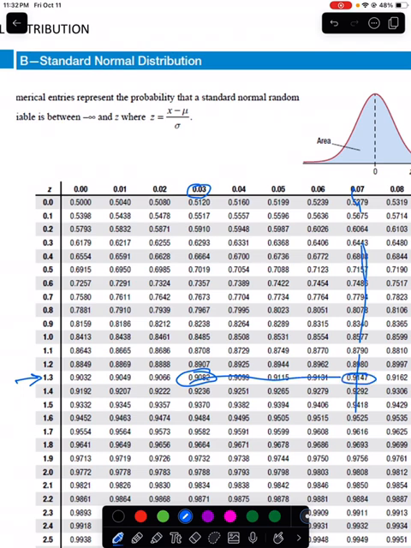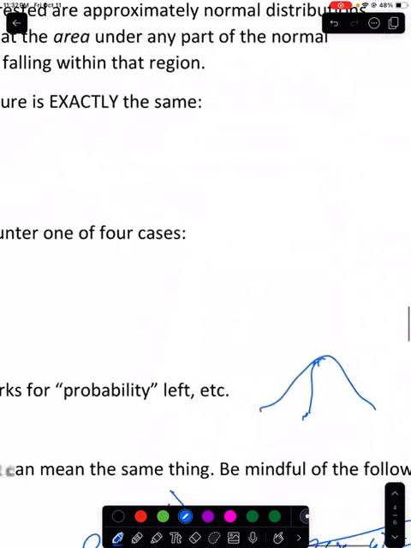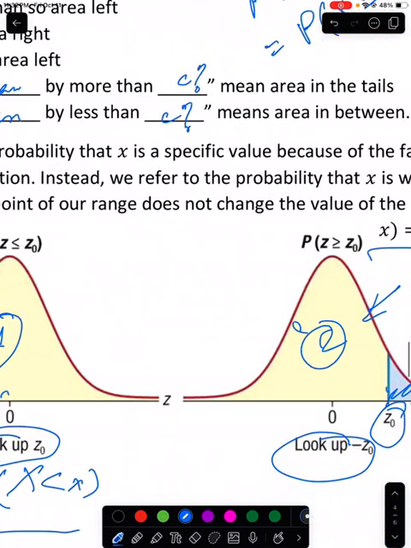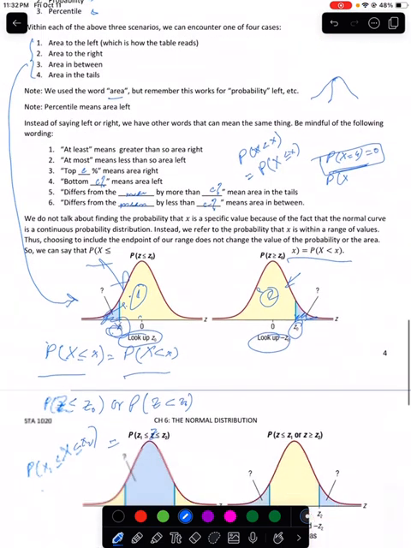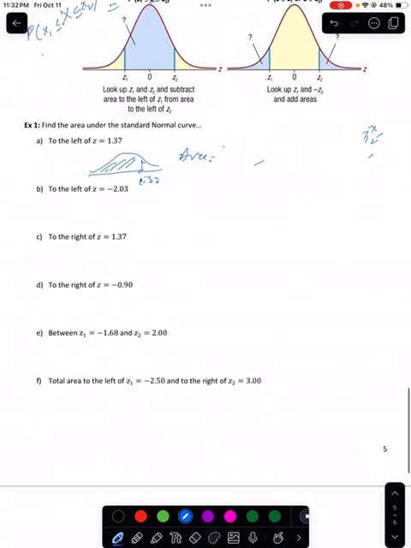It is 0.9147. So we say area equal to 0.9147.